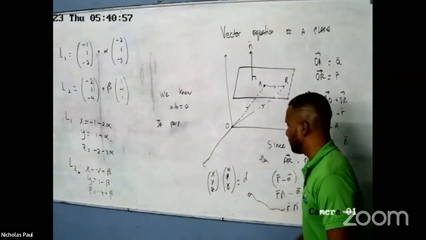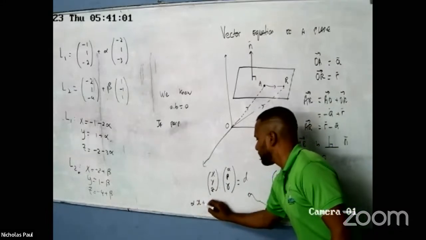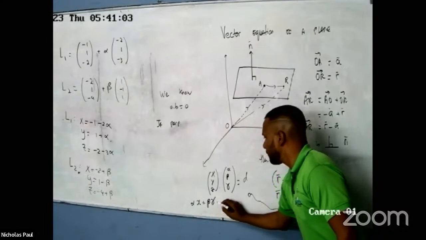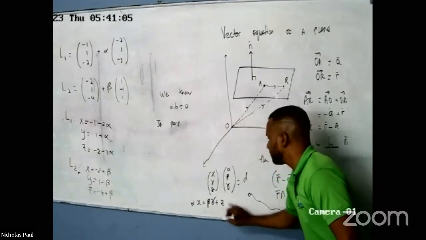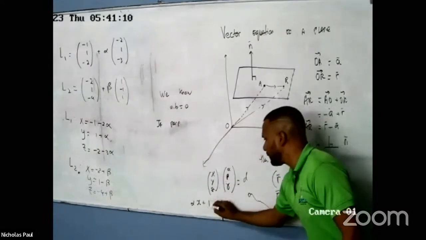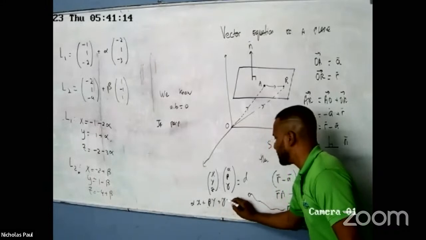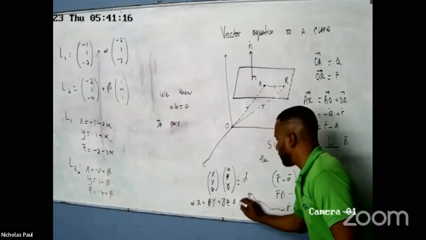Let's call it d. So alpha x plus beta y plus gamma z is equal to d.